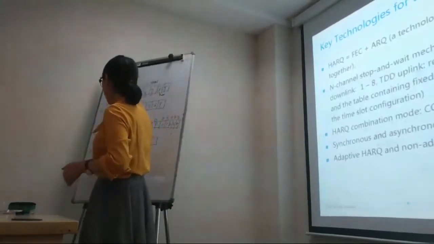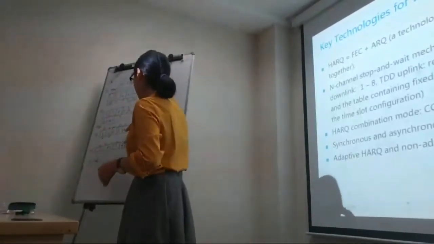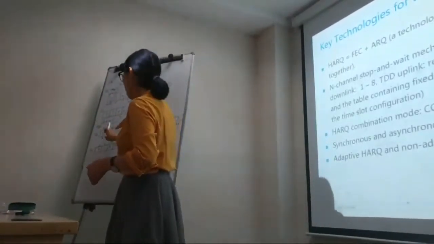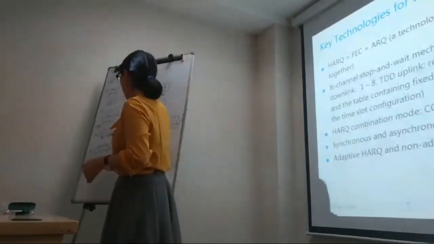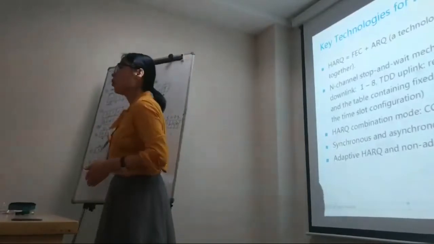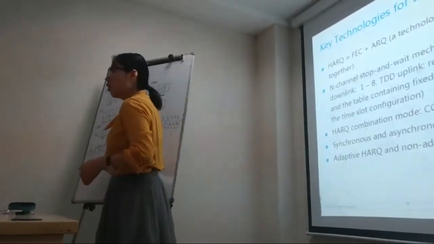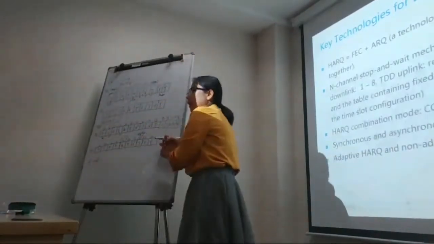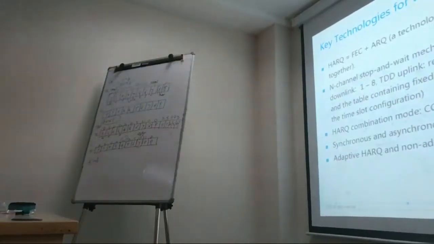For example, if I transmit in subframe 1, the feedback is in 7. But now the time delay is changed. If I use subframe 3, the time delay is also changed. So for TDD, every subframe's time delay is different.